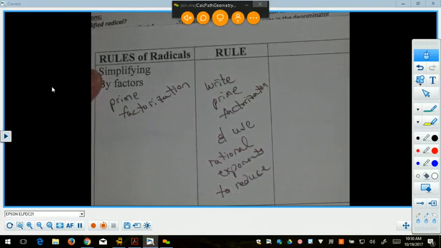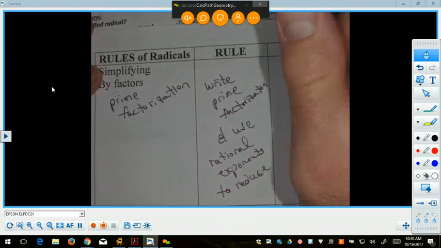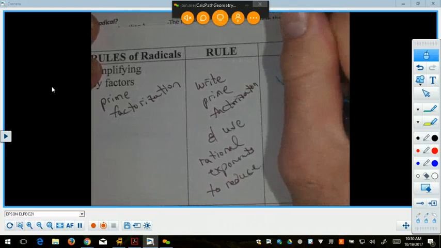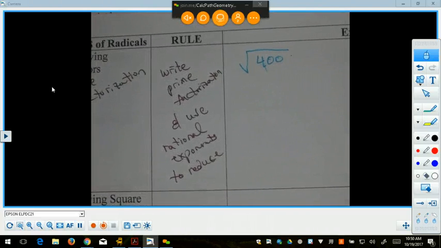All right, so here's an example. I'm going to have the square root of 400. I picked this number on purpose. Some of you already know how to break it down, but we're going to do it this way.